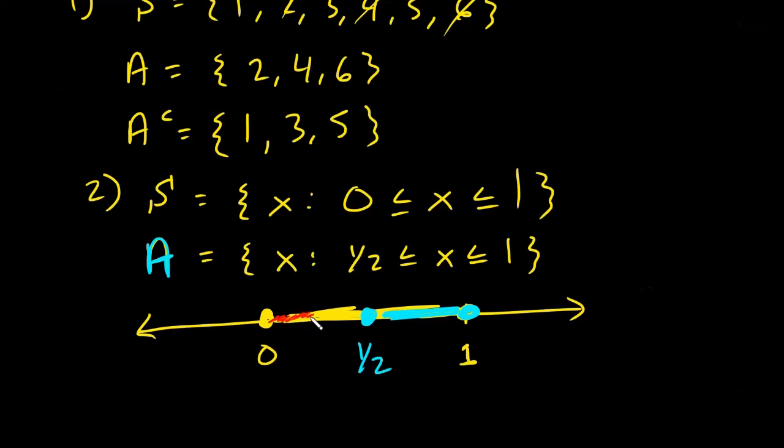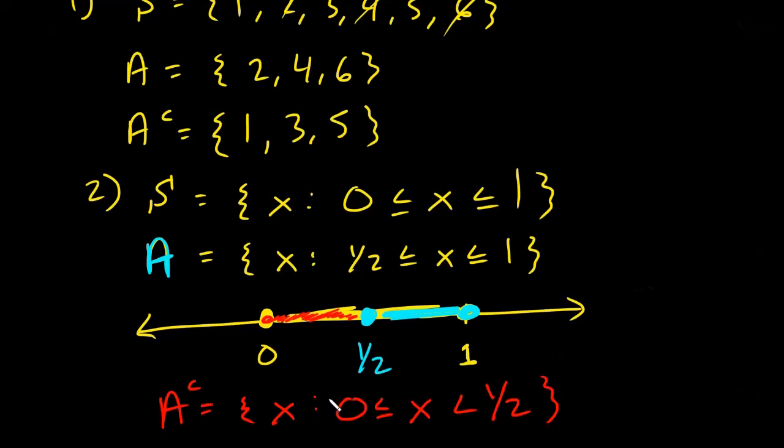That'd be between 0 and 1/2, but I would not include 1/2 since 1/2 is part of A. So the complement would be X such that we are between 0, including 0, because that's part of our sample space, and then I would go all the way to 1/2, but not include 1/2 because that is definitely part of A.